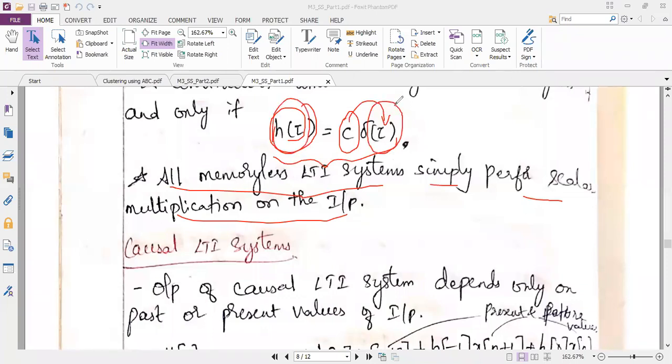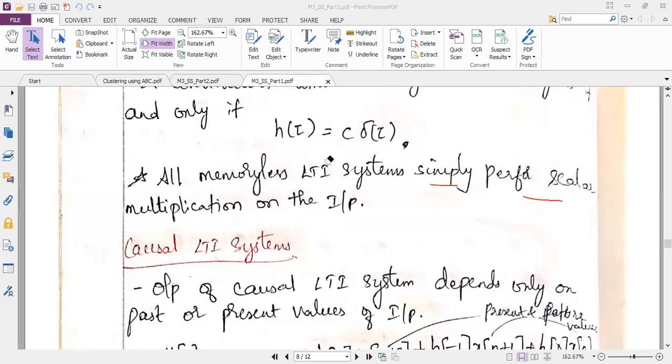If I imagine it that way, I can understand this concept which is written here. All the memoryless LTI systems perform scalar multiplication, that means c multiplication on the input. The input is delta of k. So we have completed the first property.